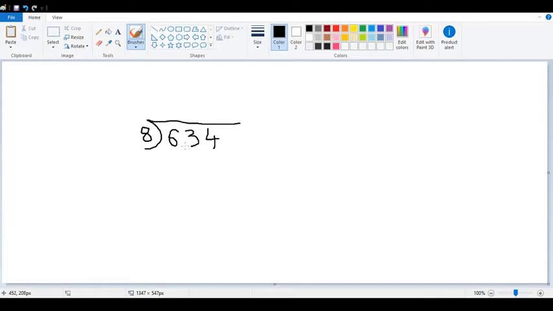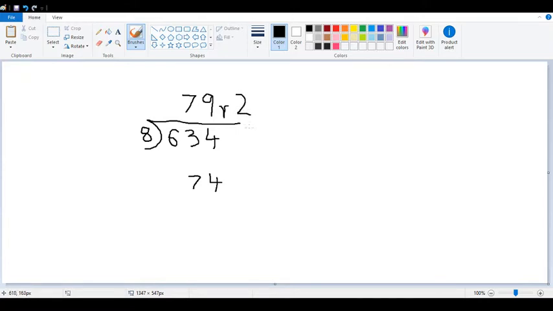Now, how many times does 8 go into 63? As far as I know, that's 7. So that leaves a remainder of 7. How many times does 8 go into 74? Well, 9. What remains is 2.